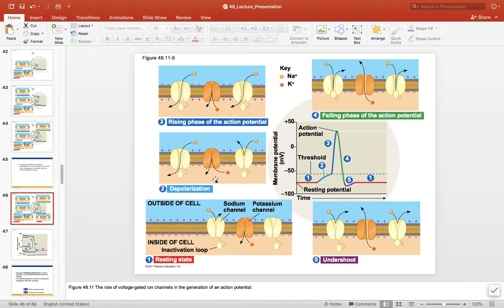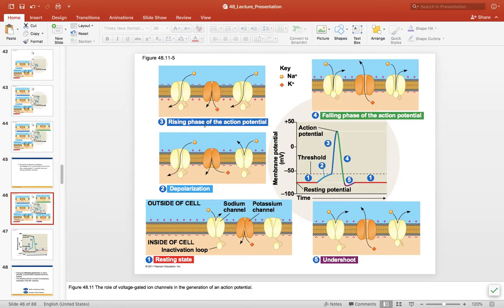Depolarization, okay, is where those sodium ions are going to start to move into the cell. Sodium ions are moving into the cell, and we are closing the potassium channels so that they cannot move out. So that's going to cause depolarization, a more positive increase in the cell.